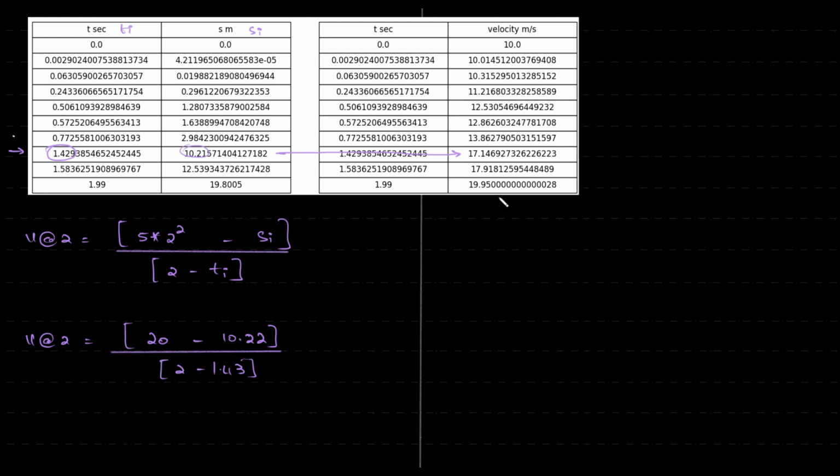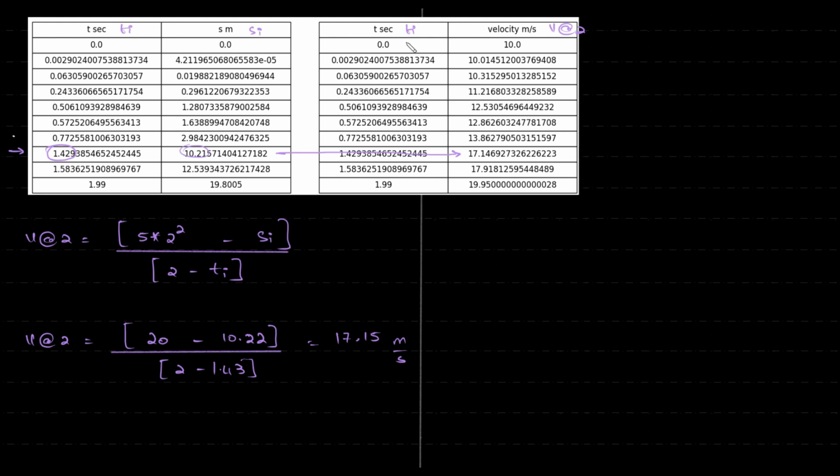So this is the table which has taken different ti's and calculated the velocity at 2 for different scenarios. So here the velocity turns out to be 17.146 meter per second. So what is the point of this? Well, you guys need to observe the following.